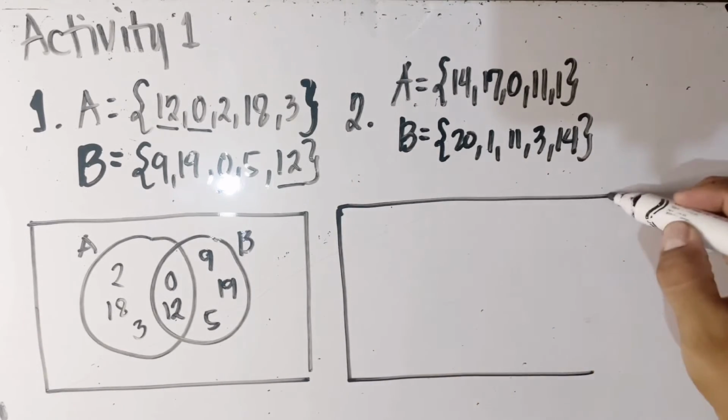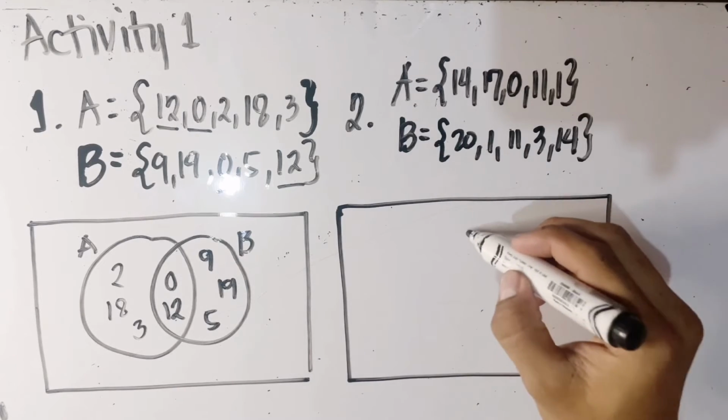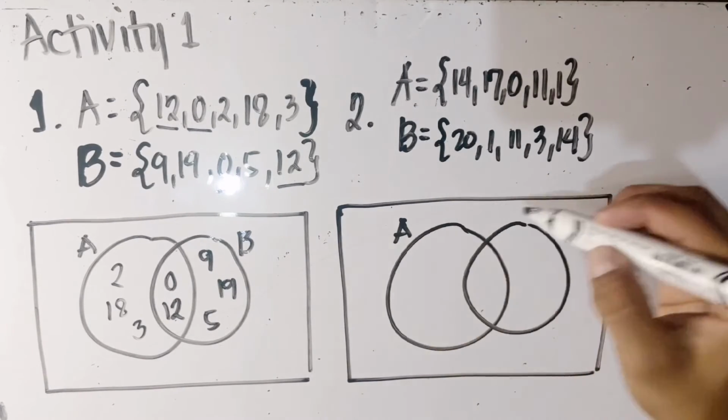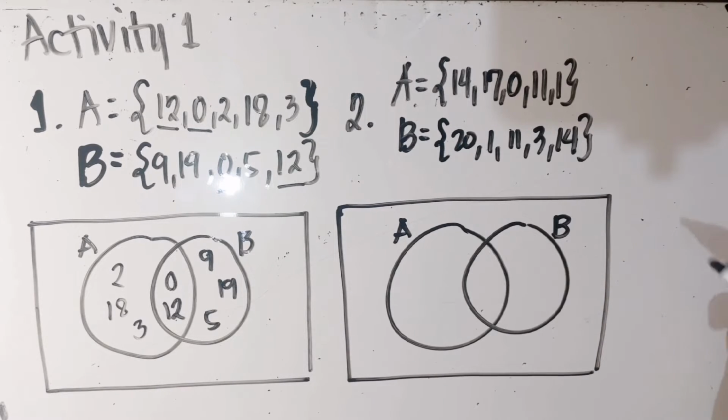First, draw the Venn diagram. So in your answer sheet, there is already a Venn diagram, so there's no problem in drawing that one.